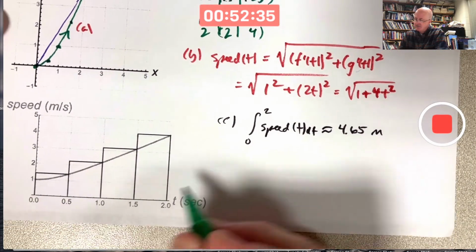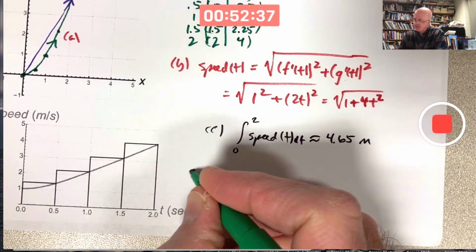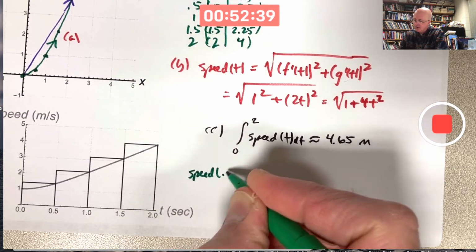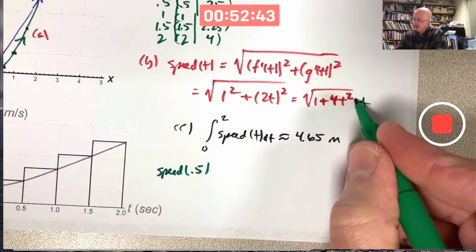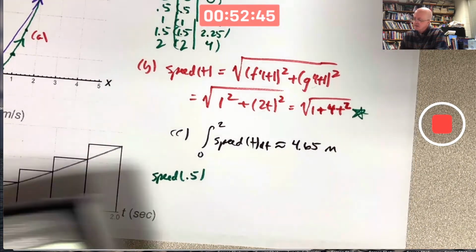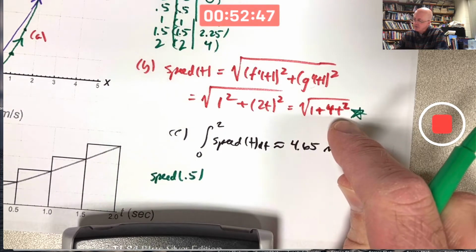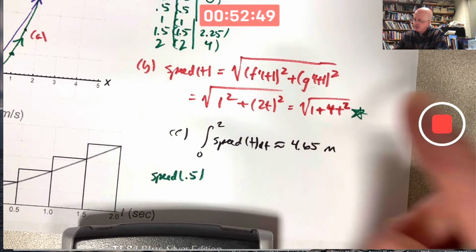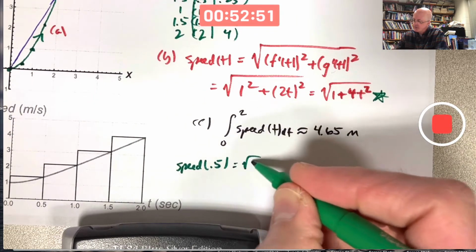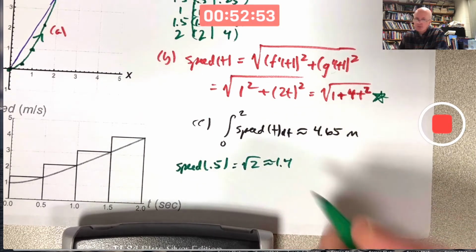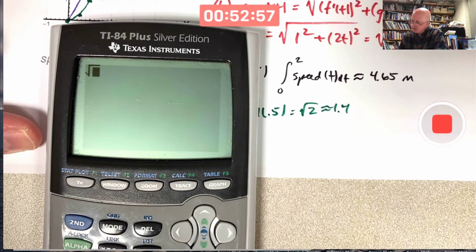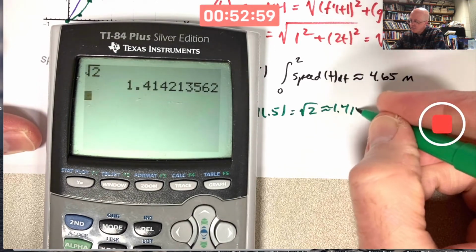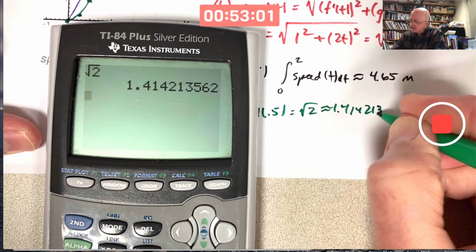So we need the value of speed at the right endpoints here. Speed of 0.5, plug into the speed function right there. 0.5 squared is 0.25, times 4 is 1, 1 plus 1 is 2, square root of 2, about 1.4142136 should be good enough.